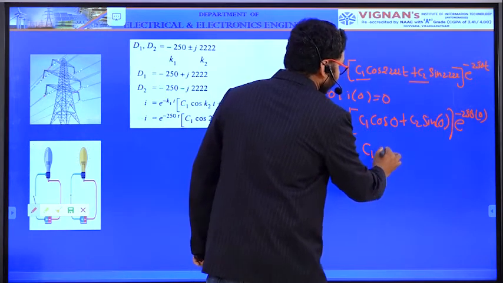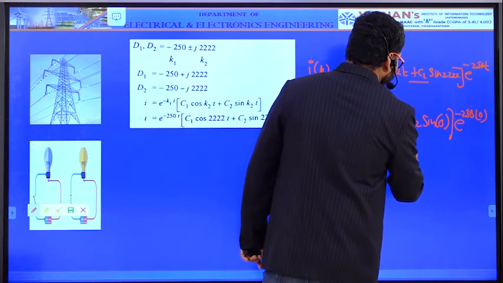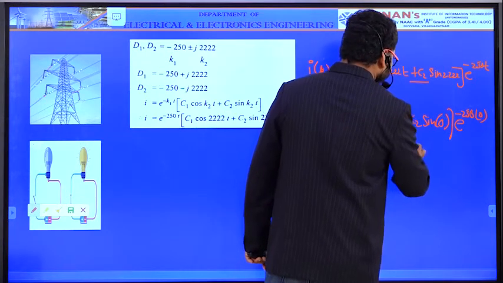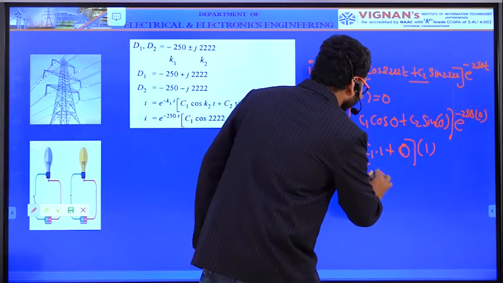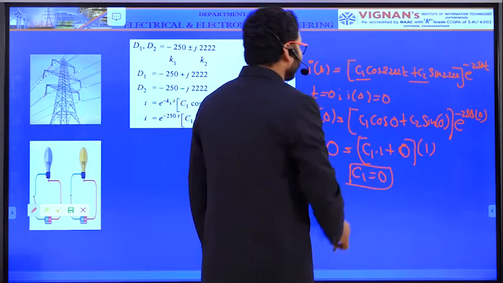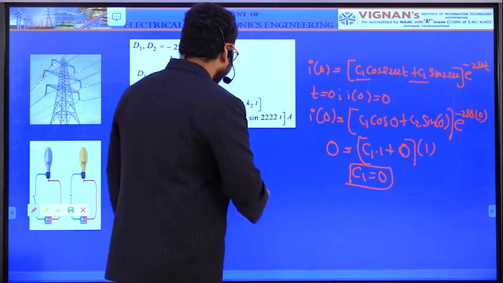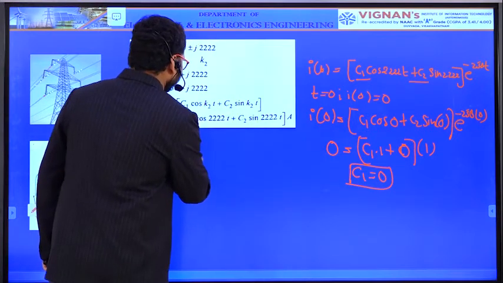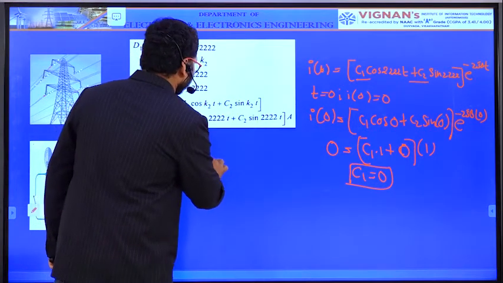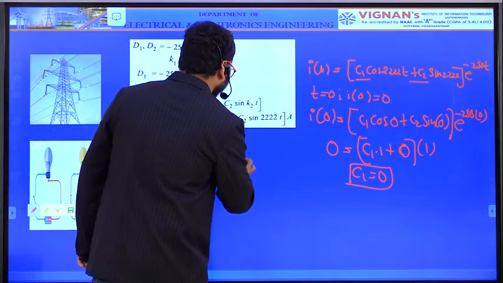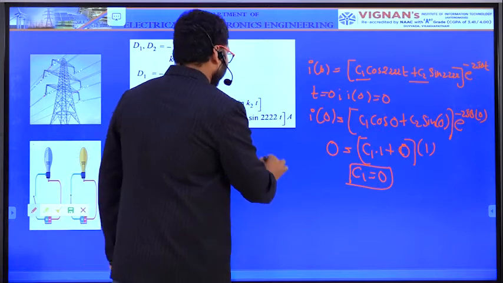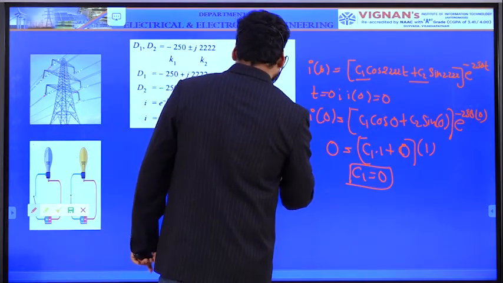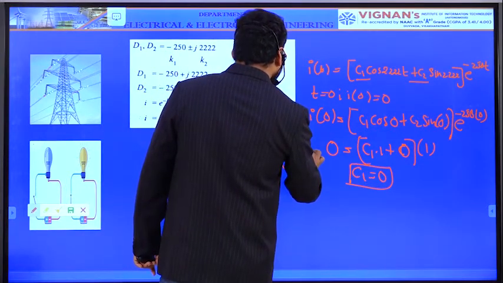Cos 0 is 1, sin 0 is 0, so C1 equals 0. Once C1 equals 0, the current is I of t equals C2 sin(ωt) e to the power of minus 250t.